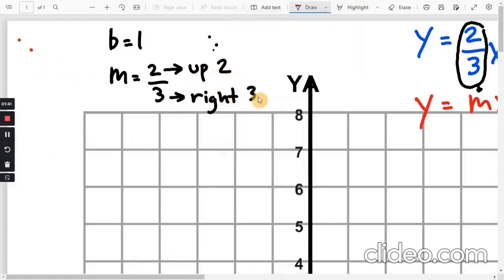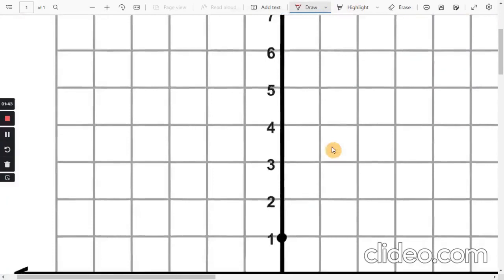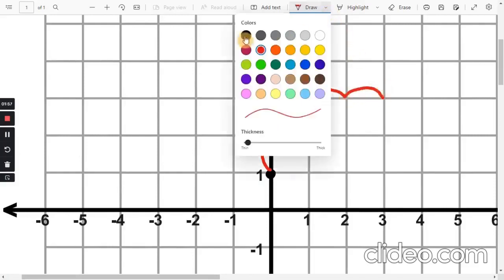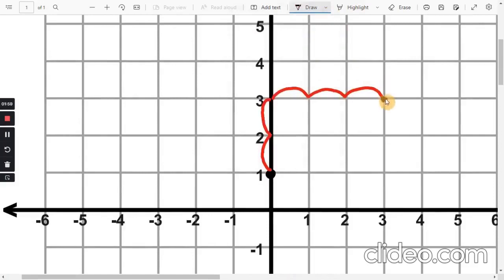I'm going to go up 2 and right 3. So go to my starting point at 1. I'm going to go up 2, 1, 2, and then I'm going to go right 3, 1, 2, 3. So right there is another point on the line. So I went up 2 and right 3.